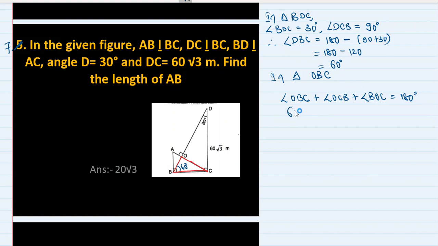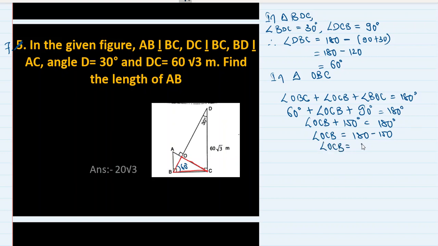So angle OBC is 60 degree plus angle OCB we do not know, plus angle BOC is 90 degree. Angle BOC is 90 because AC is perpendicular to BD, is equal to 180. So angle OCB plus 150 is equal to 180. So angle OCB is equal to 180 minus 150. So angle OCB is equal to 30 degree.